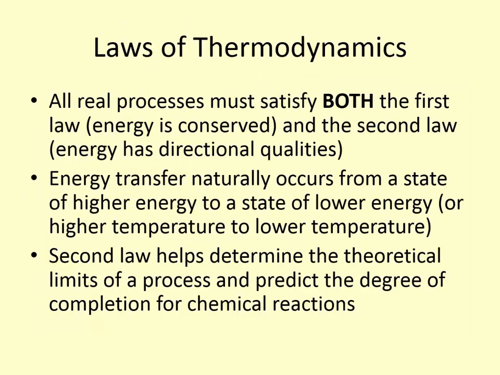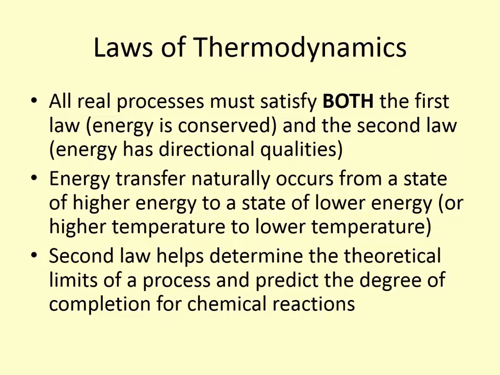So again, all real processes have to satisfy both the first and the second law of thermodynamics. First law is conservation of energy. Second law is quality of energy, or the direction of energy. And we talked about how the second law actually helps us determine the theoretical limits of a process.